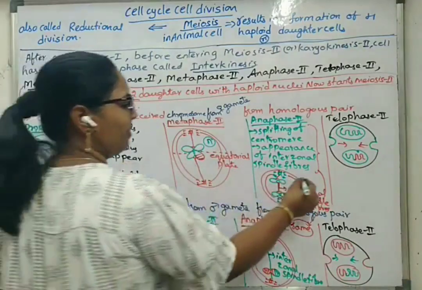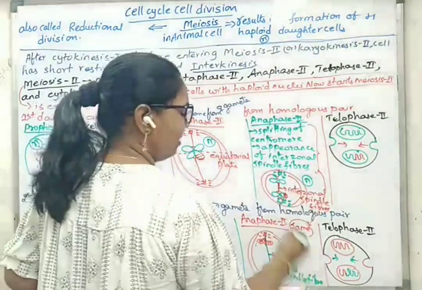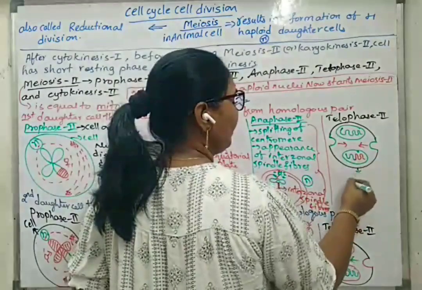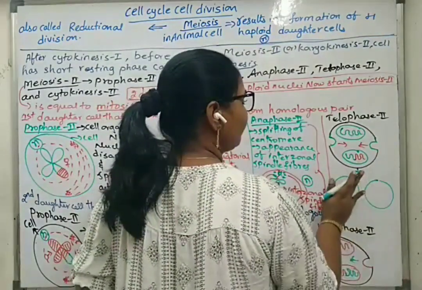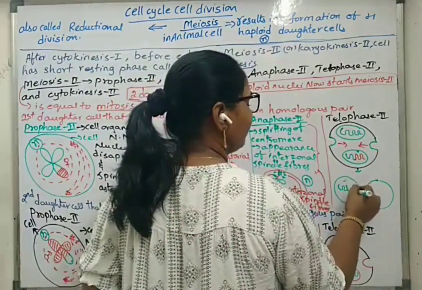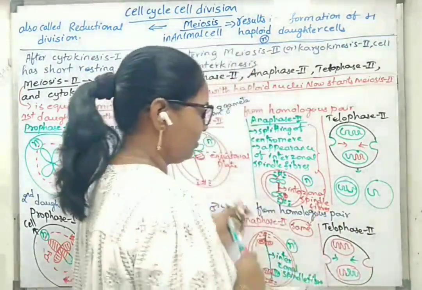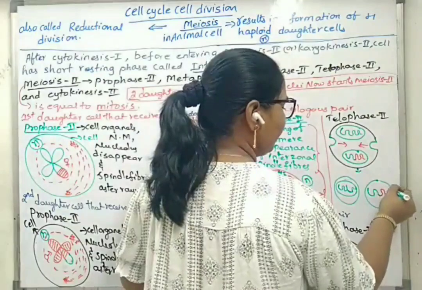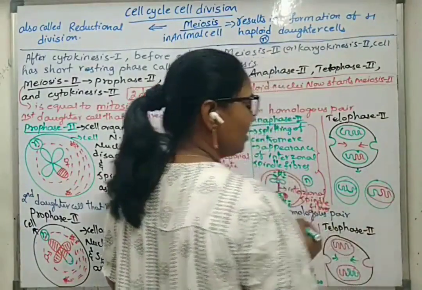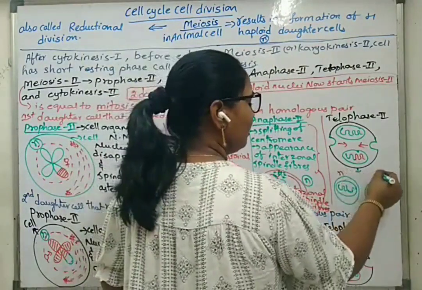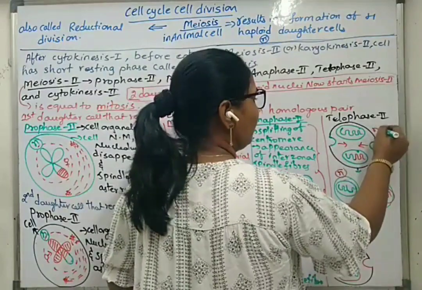Now it is giving out two daughter cells. Two daughter cells, now it is n. This is n condition.